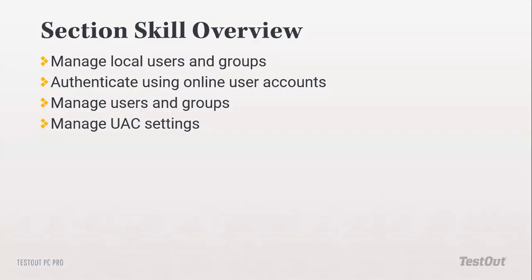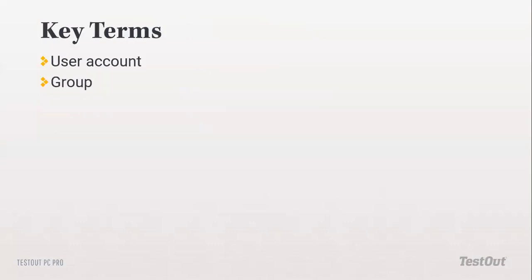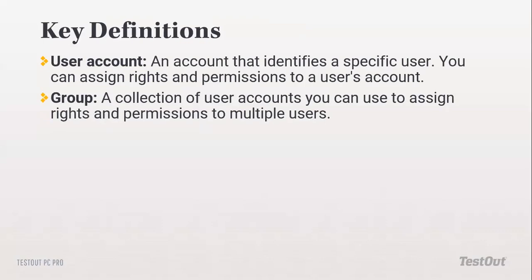So within this section, you're going to learn how you can manage local users and groups, how you can authenticate users using online accounts, and how you can manage user access control settings. First things first, what is a user account and what is a group? A user account is an account that identifies a specific user.